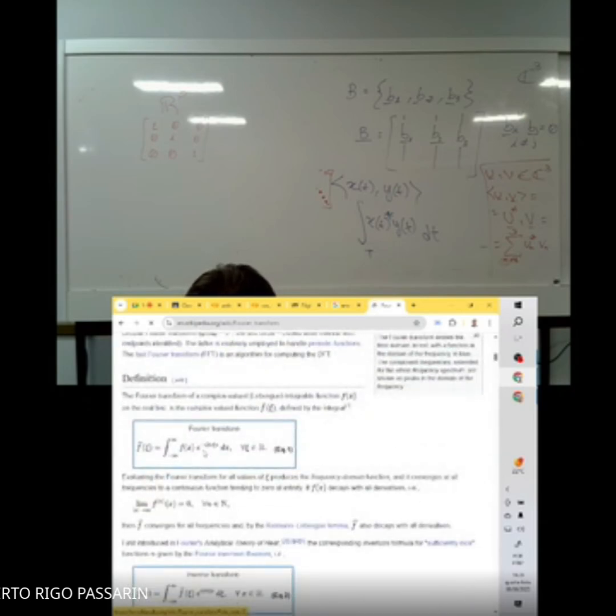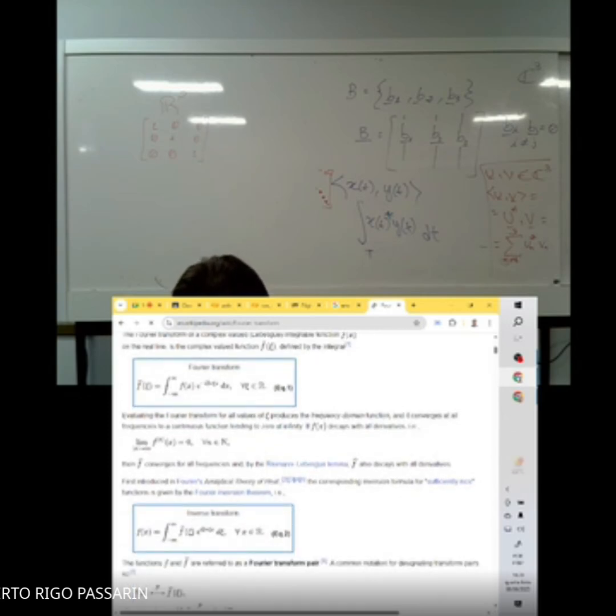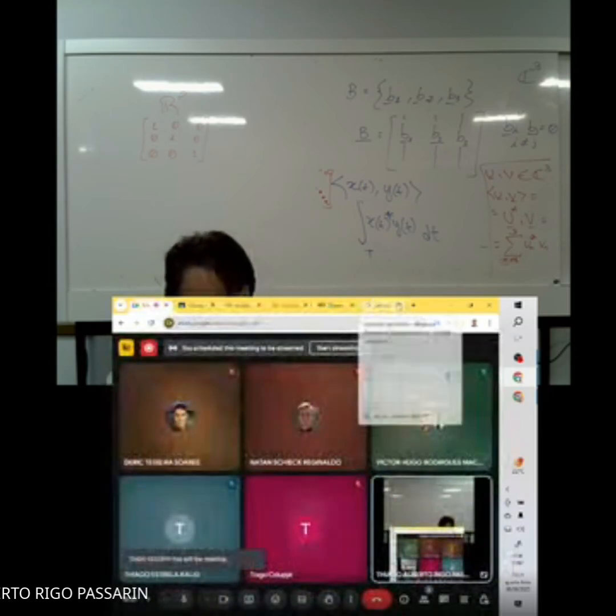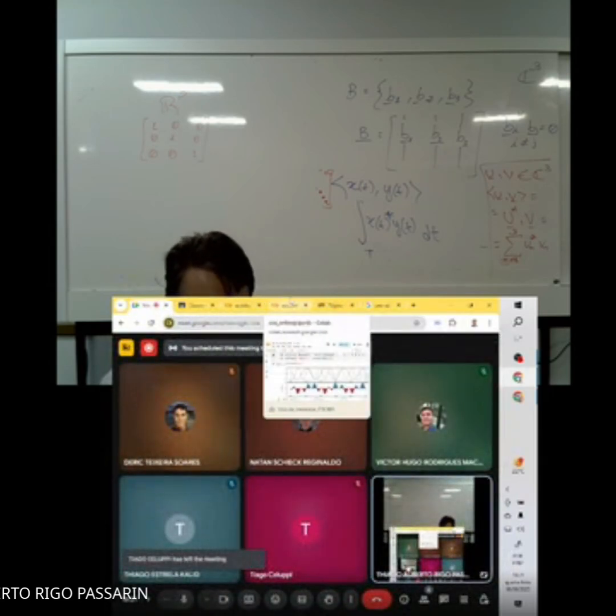Here, you have the signal, inner product with an exponential. Then you find the coefficient. Then the coefficient will multiply the exponential to compose the original signal again. But this is a subject for two weeks from now.